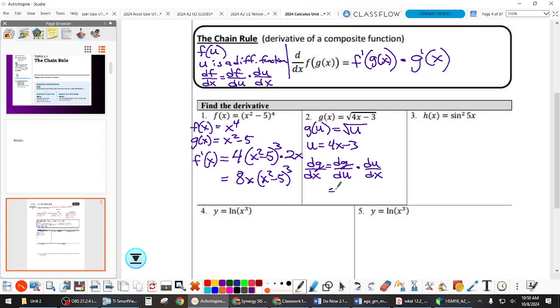So dg du, we are differentiating, just like I mentioned in the warm-up, where we had to be careful with what we're differentiating with respect to. In that case it was m. We are differentiating g with respect to u. Who cares what u is for this part, right? So what is the derivative of square root of something? You guys have that one memorized?